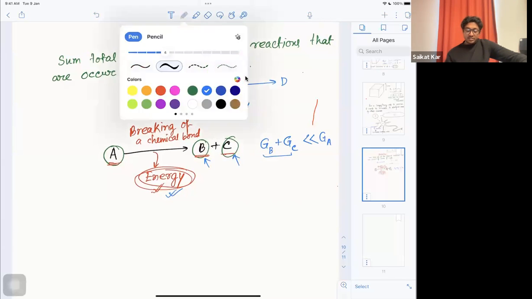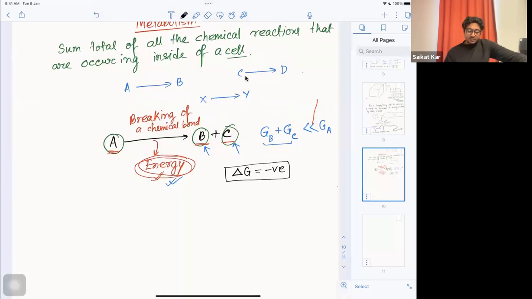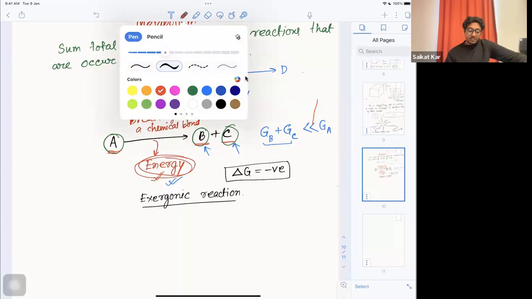So in such reactions, obviously delta G is negative, and energy is released. This is an exergonic reaction. But in biology, we also call it a catabolic reaction.